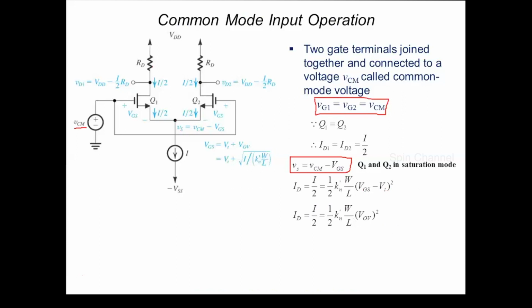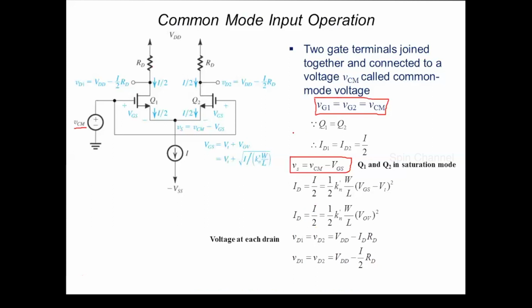Now we have determined the drain current and the source voltage. What is the voltage at the drain? The drain voltage is equal to VDD minus ID into RD. We know that ID is equal to I by 2, so that is VDD minus I by 2 into RD.